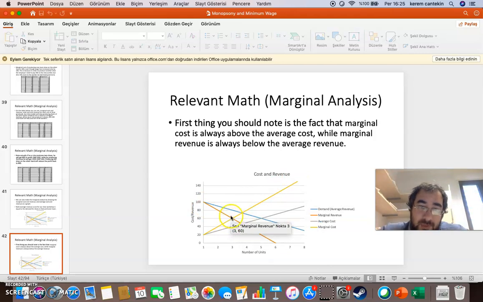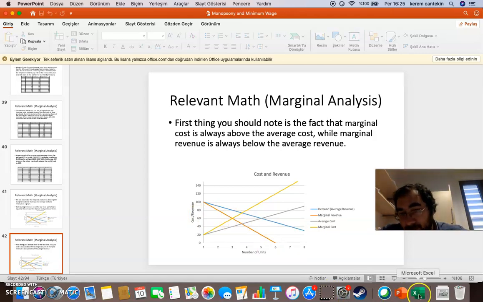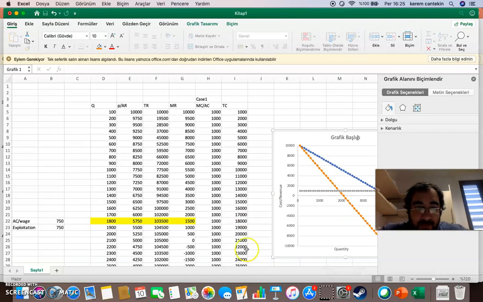Well, the difference is this will be 750 basically. No, this is what you want, but this will be 1,500, since marginal revenue should be equal to marginal cost. So marginal cost is also 1,500.